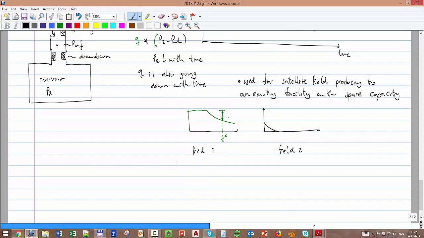Field 1 is standalone, and field 2 is satellite. So I can decide at time t that this one has enough processing capacity to take the production from the satellite, and the production starts at t star. So that's Q versus time, and then I can recover as much as possible, as quick as possible.